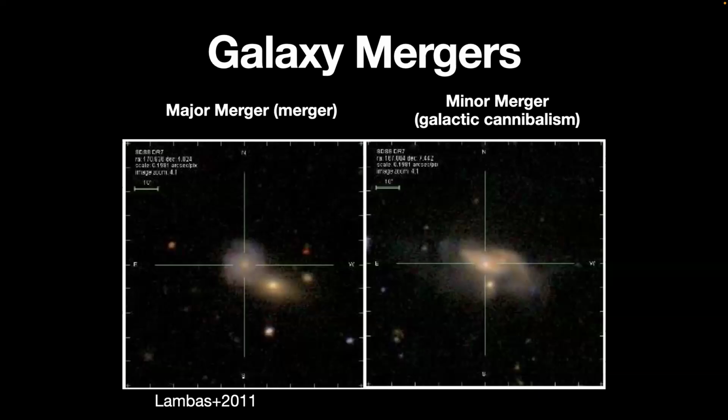I think more often we call the mergers between galaxies that are approximately the same size a major merger, and the mergers between a large and small galaxy are called minor mergers. So, very massive elliptical galaxies are likely formed via a bunch of minor mergers. So, these smaller galaxies being kind of absorbed by larger galaxies.